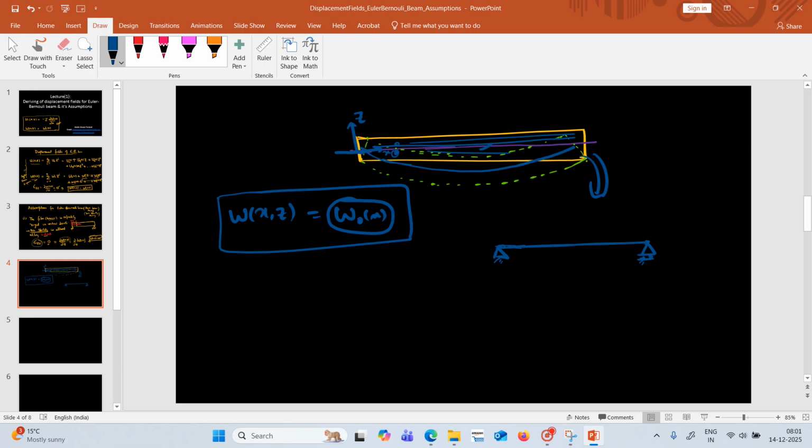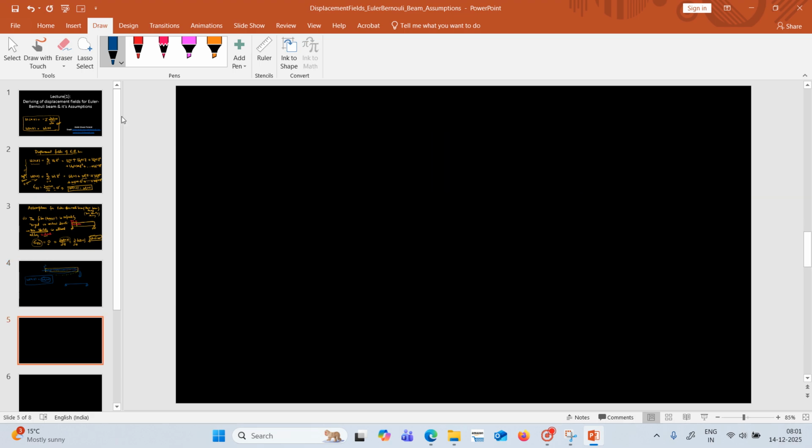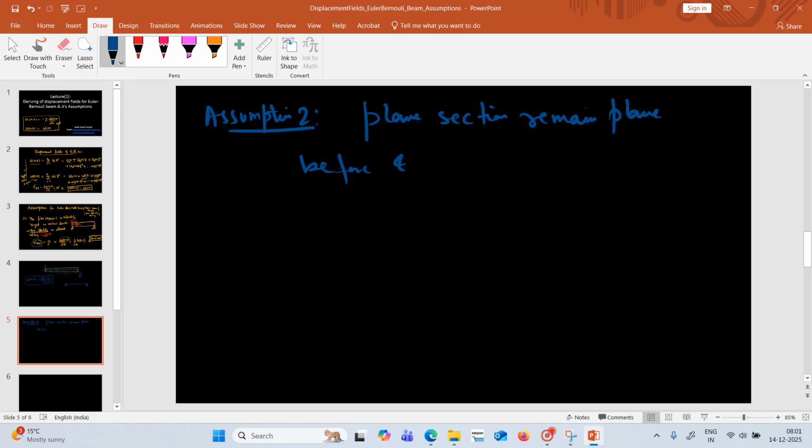Now coming to the second assumption. So let us go to assumption 2. What is that assumption 2? That states that plane sections remain plane before and after bending.